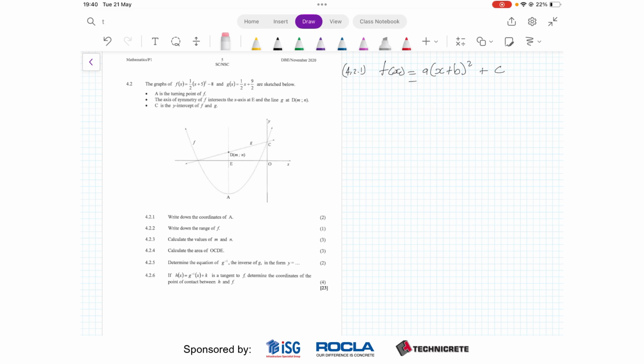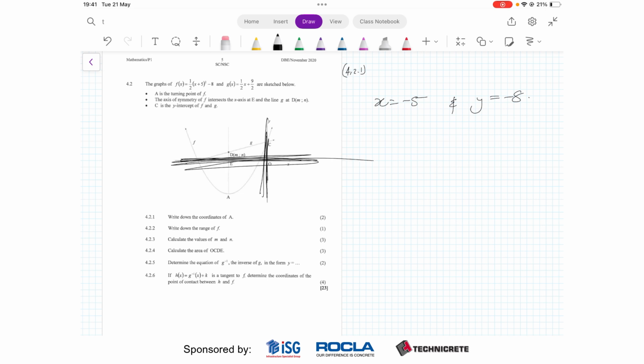So in this case, we will have that x equals minus 5 and y is equal to minus 8. Those are the coordinates of our turning point, because when you look at where it is on the Cartesian plane, it exists in the third quadrant. In the third quadrant, this is negative and that is also negative. So hence we have x equals minus 5 and y equals minus 8.